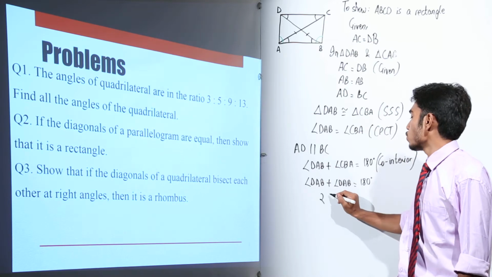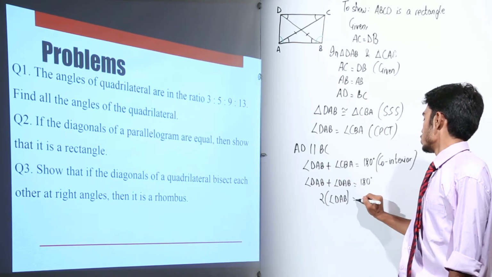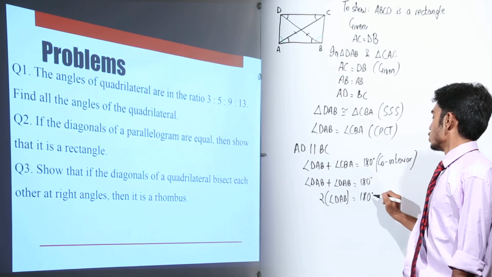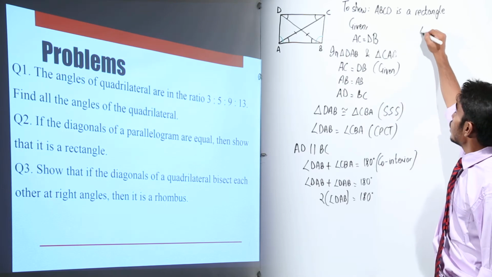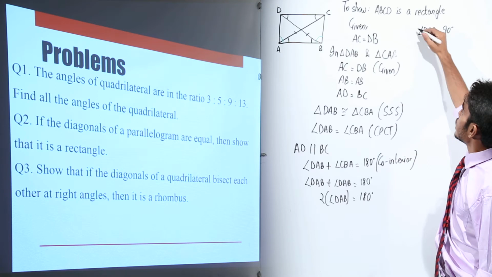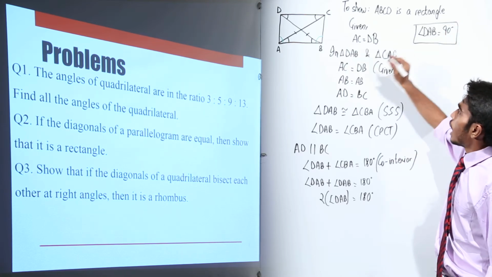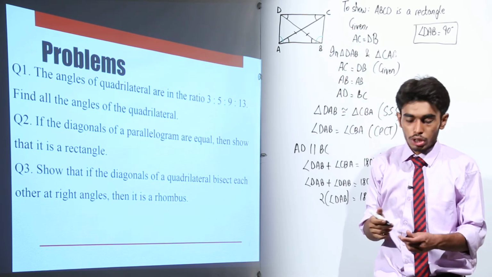This becomes twice DAB is equal to 180. So this solves out to be angle DAB is equal to 90 degrees, and angle CBA is also equal to 90 degrees.